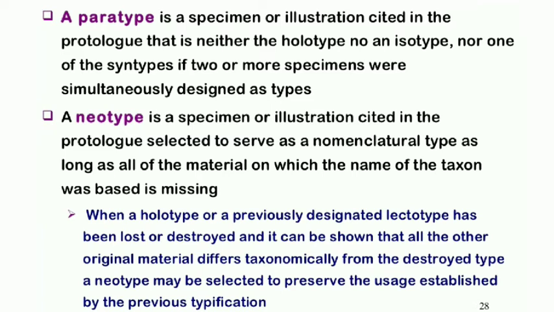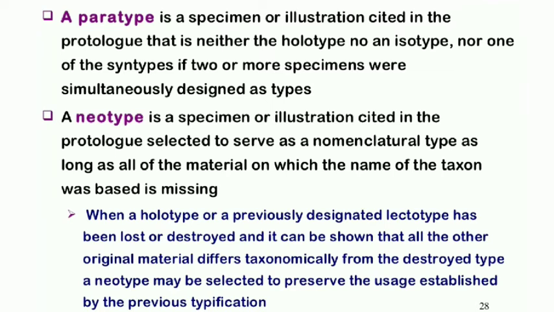So, it is not holotype, it is not isotype, it is not syntype, but just any one of the specimens which is mentioned in the protologue, mentioned in the list, mentioned in the register. So, protologue of this family, protologue of another family. In that, whichever is mentioned is called a paratype.